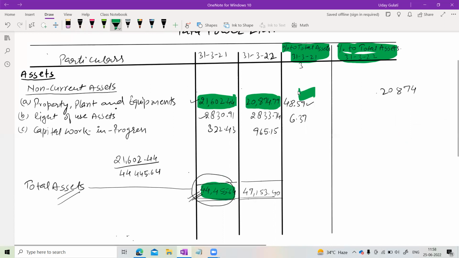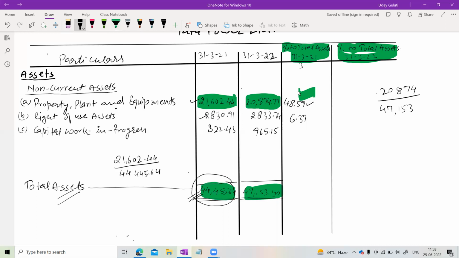Now for the year 22, the total assets are 47,153. So I'll be dividing this item by 47,153.40 into 100.